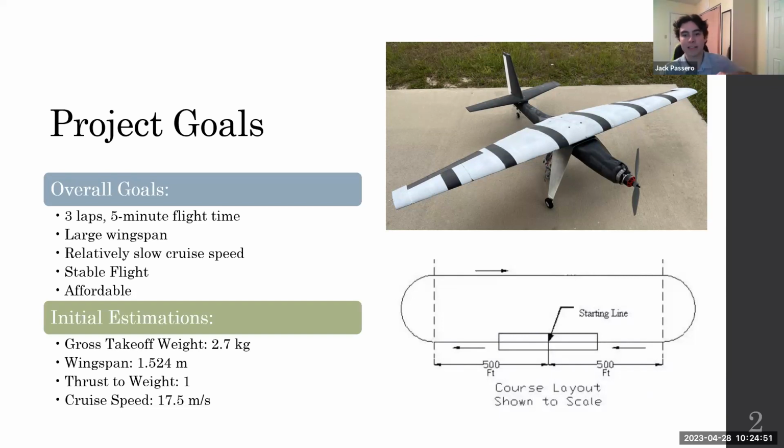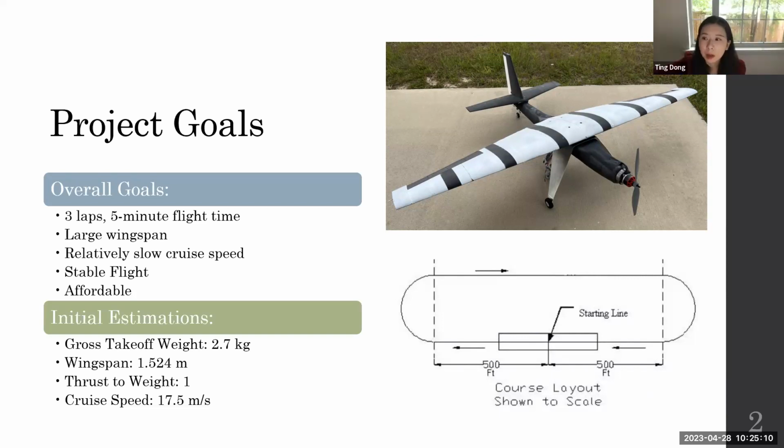In terms of aesthetics, we didn't want too many bullet points and too much text on the screen. We decided our project goals would be our overall overarching goals, and the very specifics would come later. In terms of wing loading and describing all of that, we decided to leave it for their specific sections.